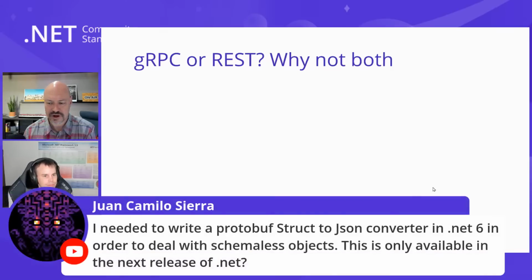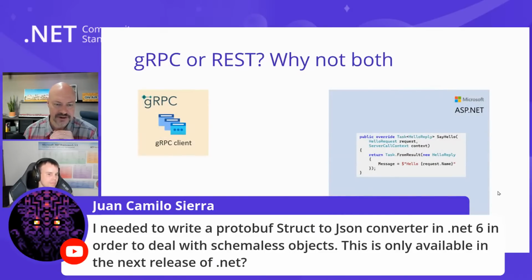Okay. One other question that came in here. So what you're showing is .NET 7. There's no real way to use this in .NET 6, correct? Correct. This uses features that are only going to be available in .NET 7, specifically around how we do JSON serialization.